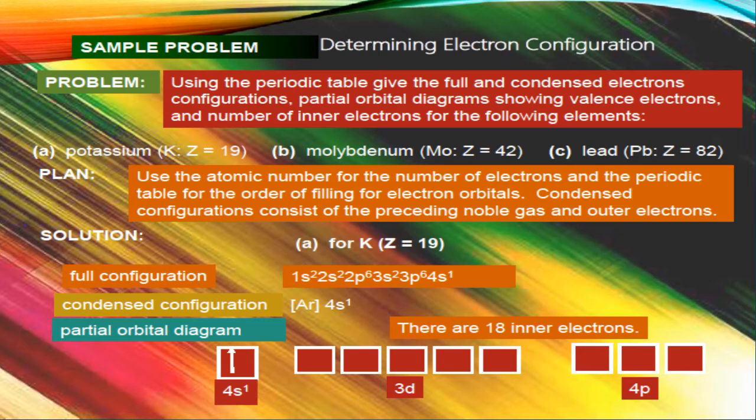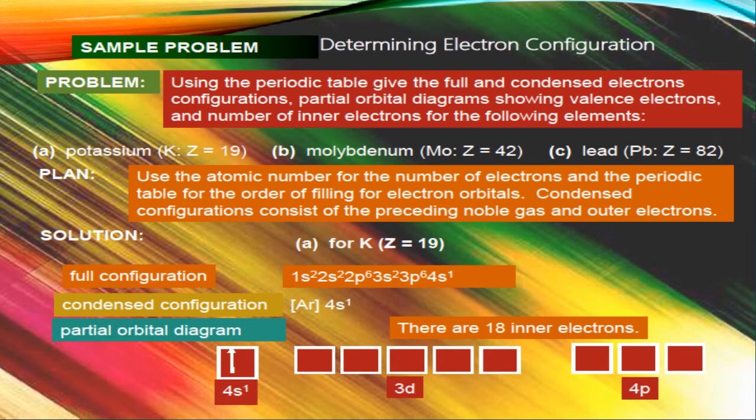So, use the atomic number for the number of electrons and the periodic table for the order of filling of electron orbitals. Condensed configurations consist of the preceding noble gas and outer electrons.